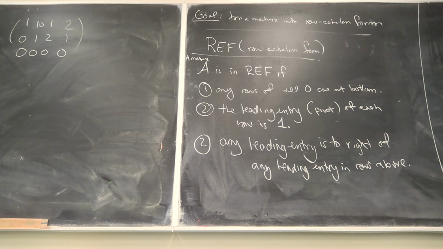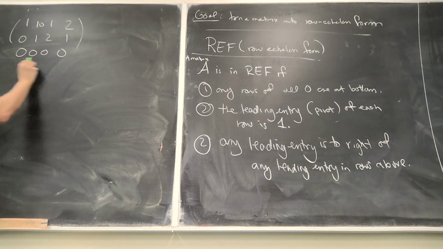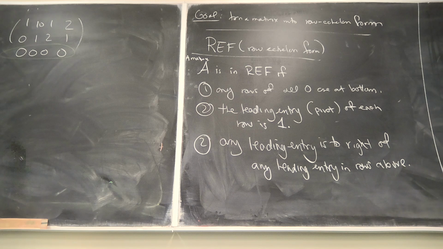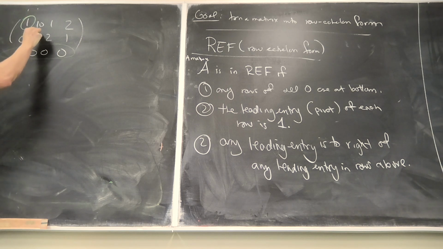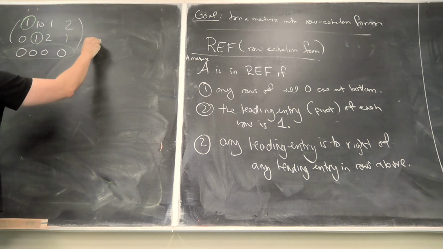That matrix is in row echelon form because it has a row of zeros at the bottom. If there is a row of zeros, it has to be on the bottom. The leading entry of each row is a 1 as you read from left to right. And every leading entry is below and to the right of any leading entry above it. So this one is to the right of that.